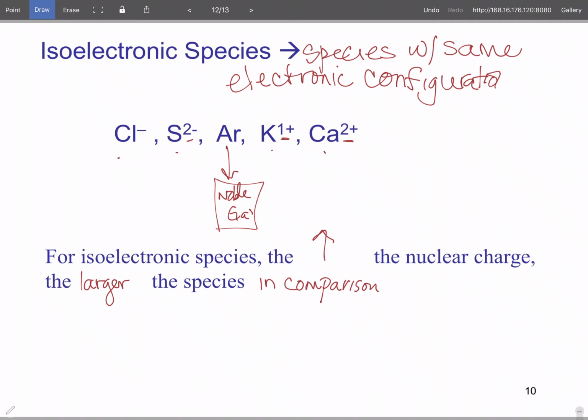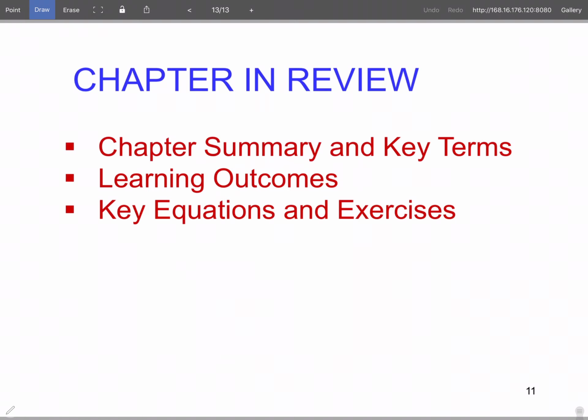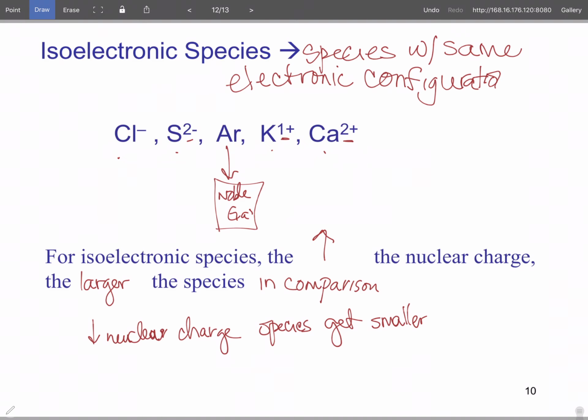But if you have a smaller nuclear charge, then the species gets smaller. It's kind of flip sides of the coin. So at this point in time, we have done electron configurations, and so we're done with this chapter.